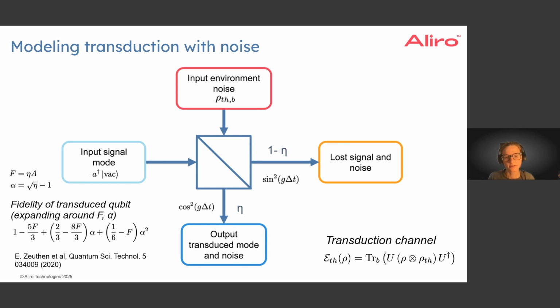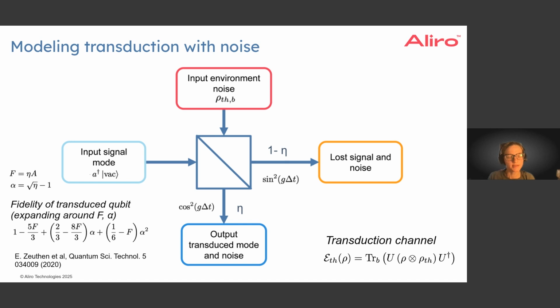Instead, you can find Kraus operators that will directly act on your qubit that you're going to transduce, and these Kraus operators will just describe this process of this Hamiltonian. The way you can find these Kraus operators is by doing a partial trace over your environmental noise to basically ignore these photons or average them out.